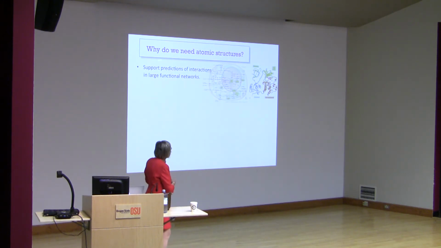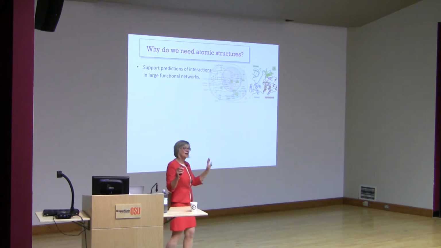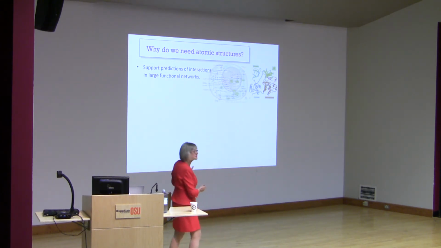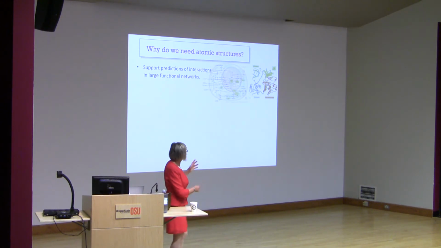We can use all of those structures to get some important, detailed information about what's now a very fashionable field, namely systems biology. In systems biology, people make all of these very intricate networks. But what you really want to know is that this blue part of a protein sits next to the red part, because then you can really say they talk to each other and they influence each other.